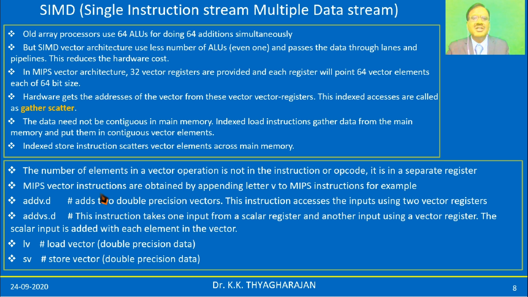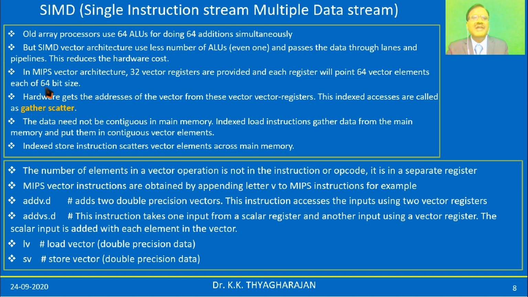MIPS vector instructions are obtained by appending the letter V to MIPS instructions. For example, ADDV.D indicates that it is an addition operation. It is using two vectors, and the size of each element in the vector is a double precision value.